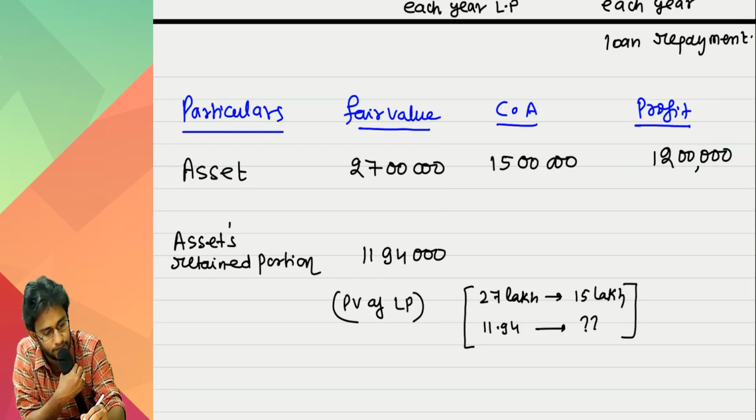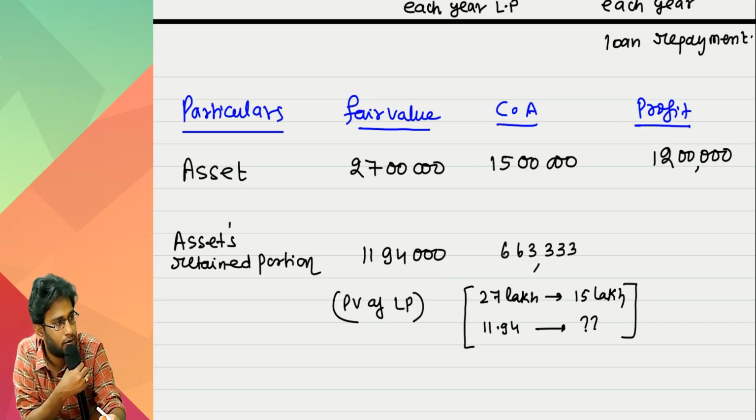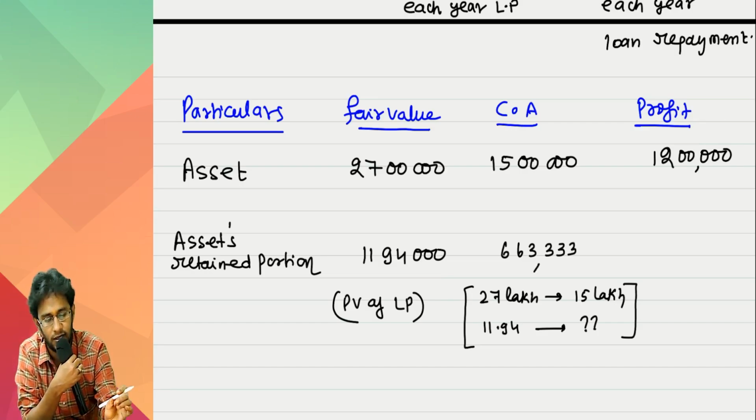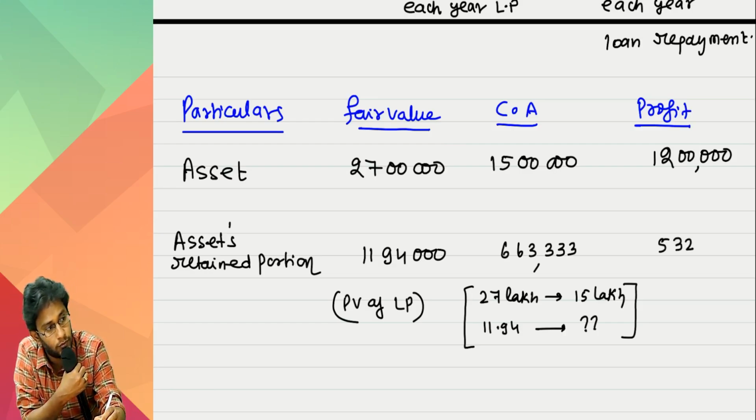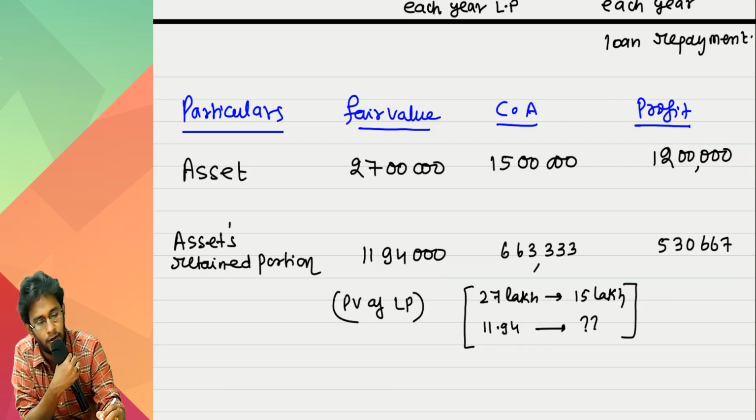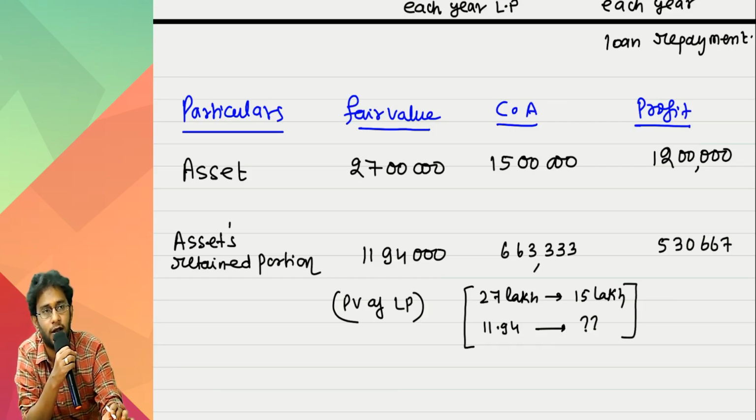6 lakhs is correct. Take the difference also: 532, 667. This much profit you cannot recognize because this much asset is again with us only.